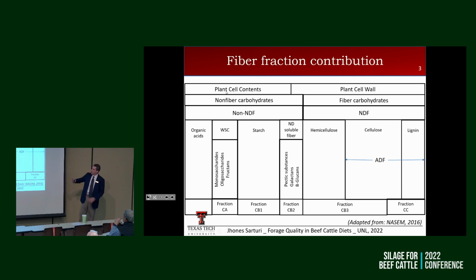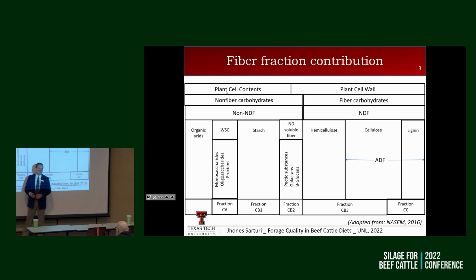Who put this together was Dr. Mary Beth Hall, and she did a great job on separating those plant cell walls and plant cell contents, which can affect the quality of this, right? So this is Nutrition 101 on forage quality. A couple of things were added in that model, and we can talk about this later, but it was mentioned by Dr. Kang as well, on some of those organic acids that can affect the energy value or the energy content of this diet. So those are included in here.